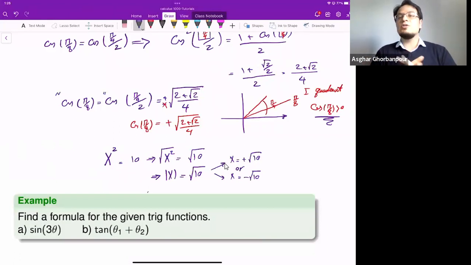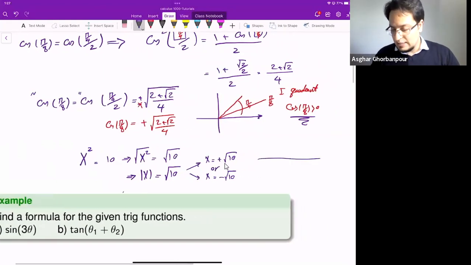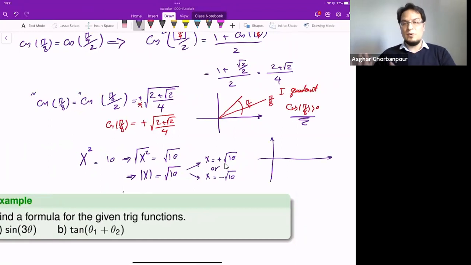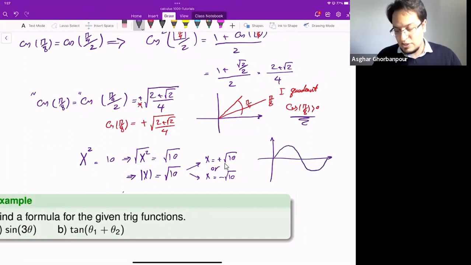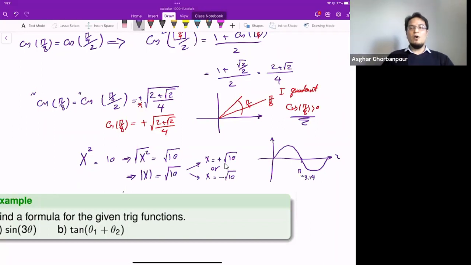In calculus, we are going to work always with radians. Even when we are drawing the graphs, this is important, especially when we are working with the derivatives and so on. We are not using 180, 360. The x-axis, in this case, is in radians. This is pi, about 3.14, and so on.